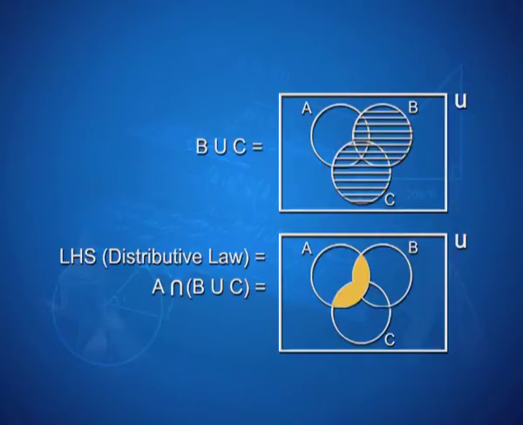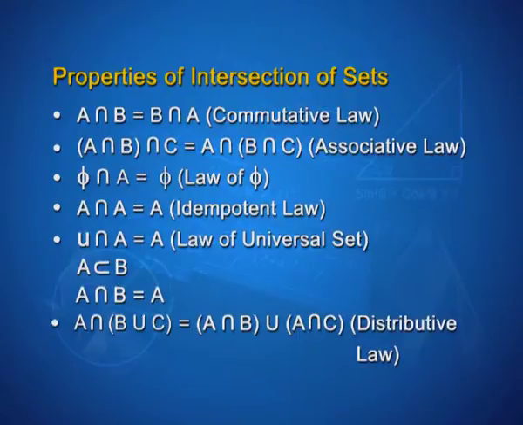Now, coming to the right hand side of the distributive law, we have (A intersection B) union (A intersection C).